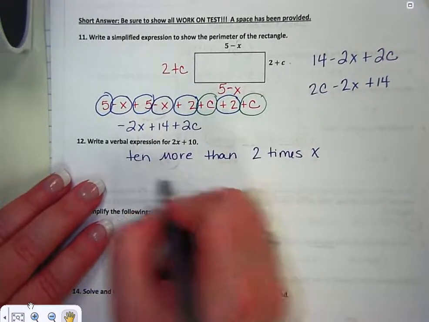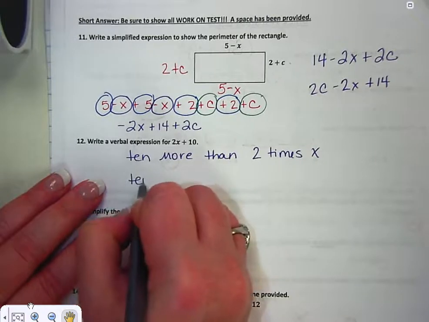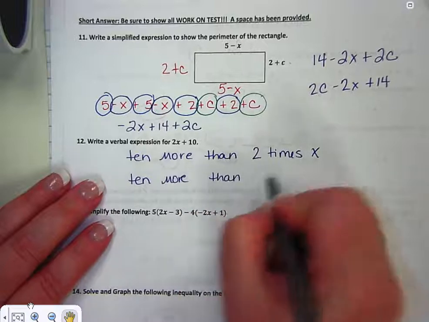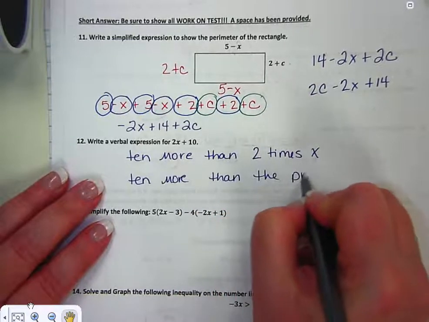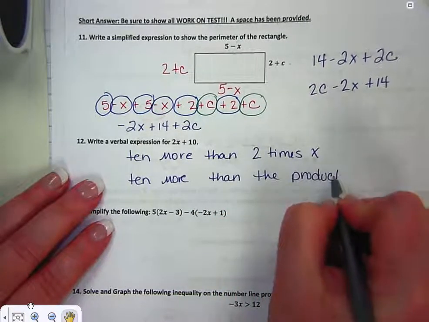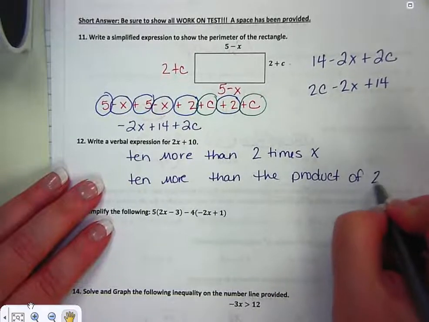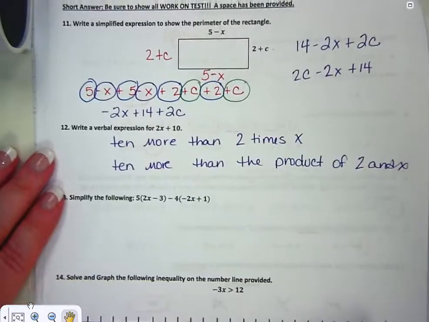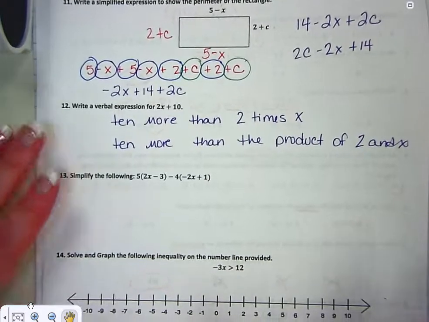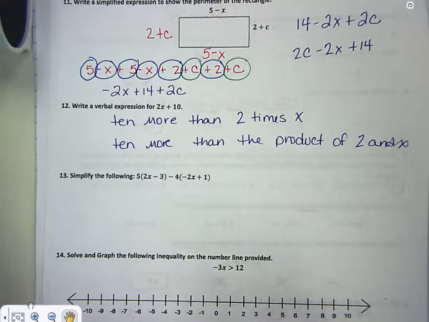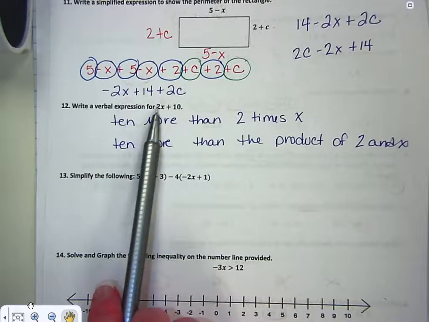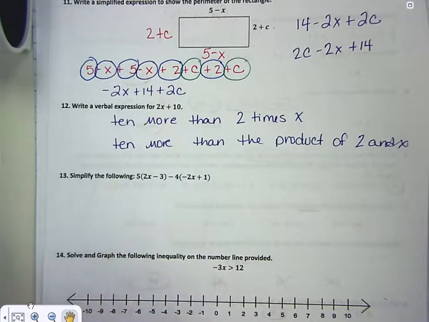You could say 10 more than the product of 2 and x. There's lots of different ways you could say that. I will read your test and interpret your answers, but you must know that you're adding this and you're multiplying this. You have to be able to show that.